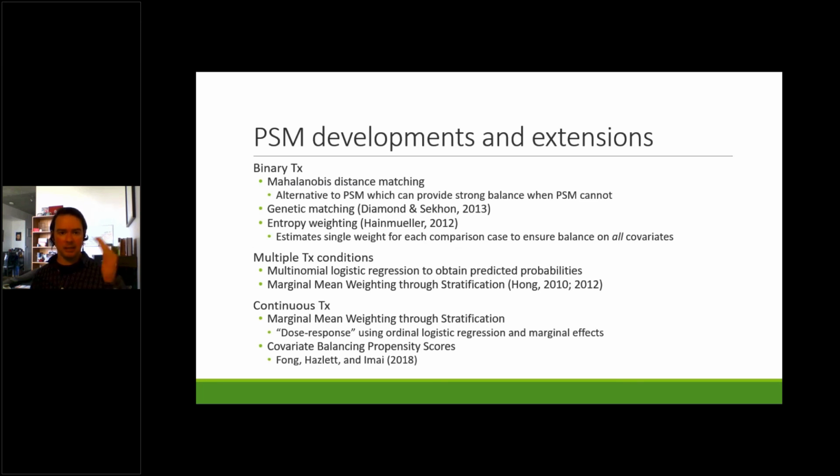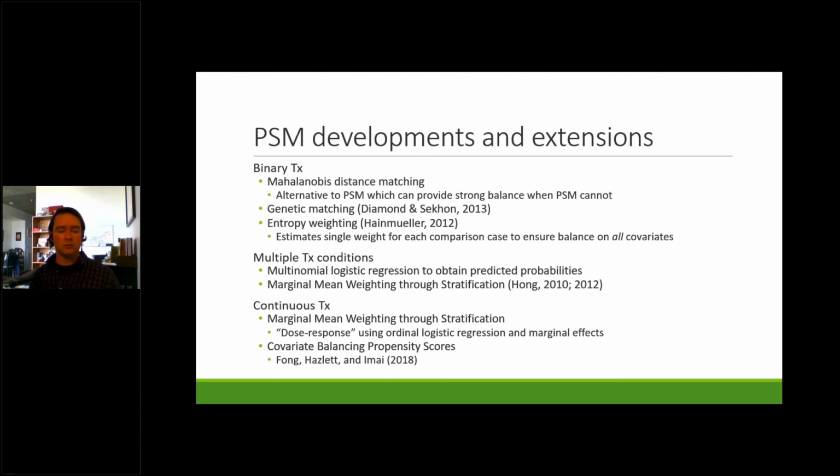Staying within the assumption that we've been talking about, which is the binary treatment, there's what's known as Mahalanobis distance matching, which is an alternative to propensity score modeling, which can provide strong balance when PSM can't. However, it's not guaranteed. It uses a different balancing mechanism, which largely relies on a matrix of raw proportions and means for each variable and attempts to minimize the distance between those raw values.